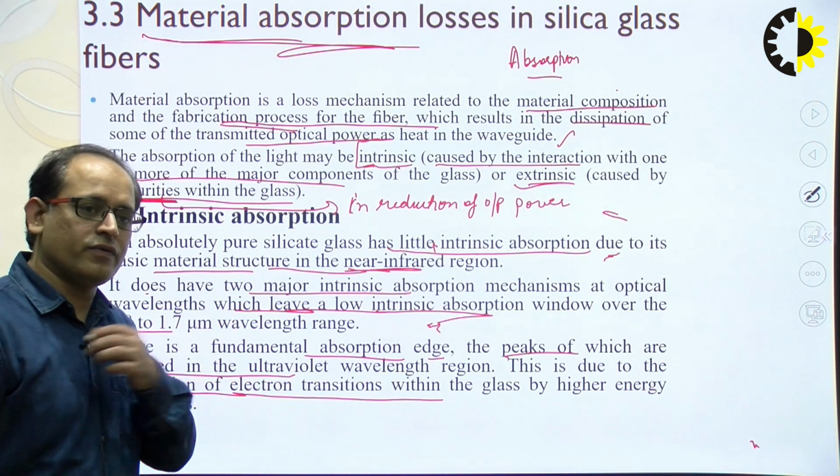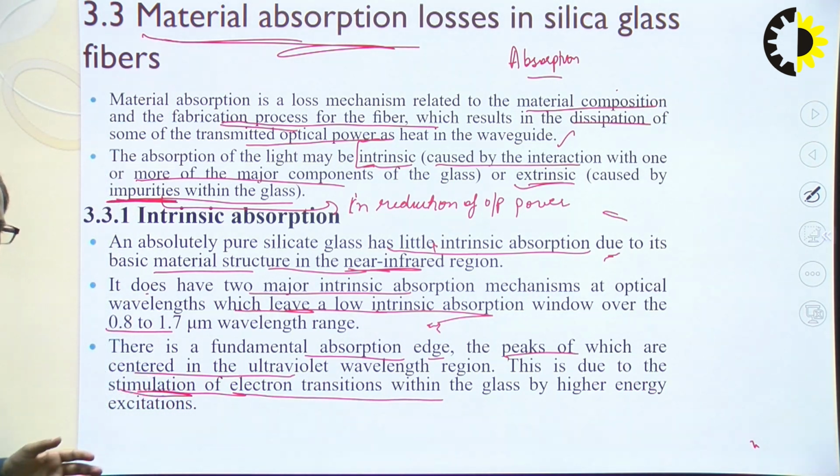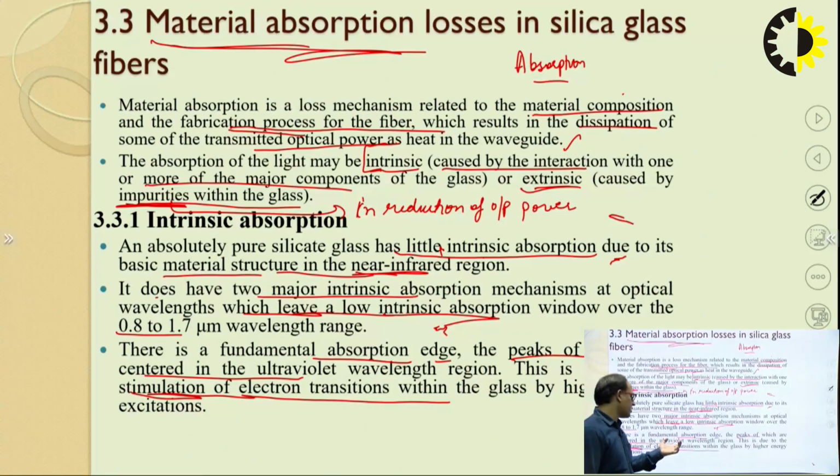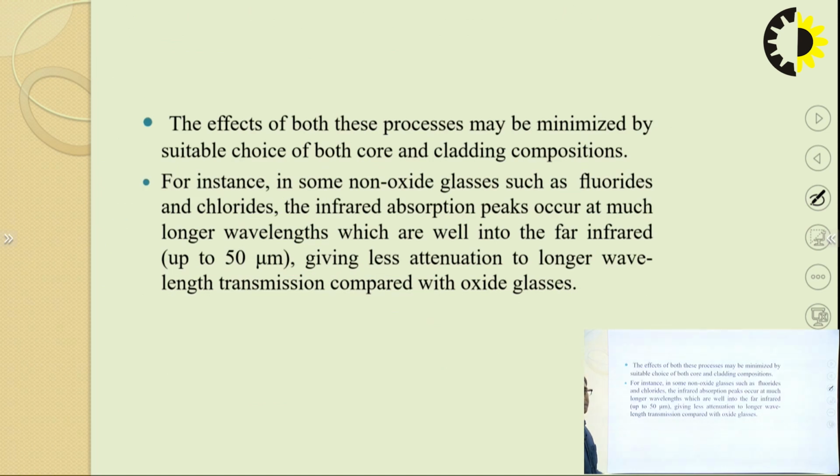It means when the optical fiber is operated in the ultraviolet region, the molecules in the glass have some electrons, and there is an electron transition within the glass by higher energy excitation.